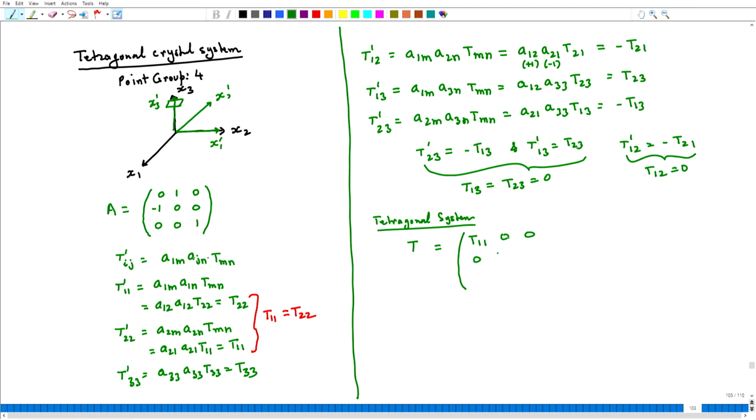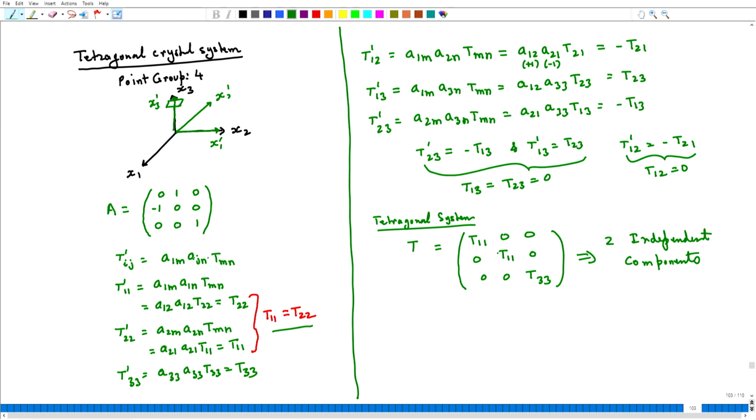Now, T11 equals T22, so I will just write it as T11 for these two components being the same, then 0 0 0, and T33. So, in this case now I have only two independent components and all the off diagonal terms are 0.